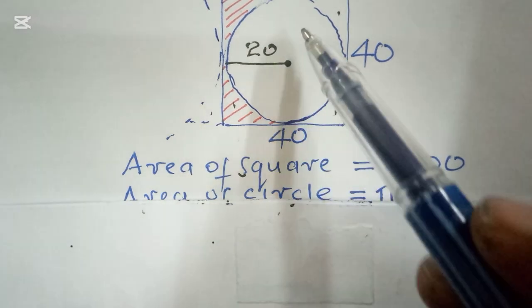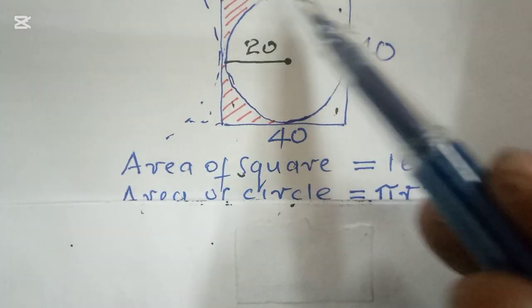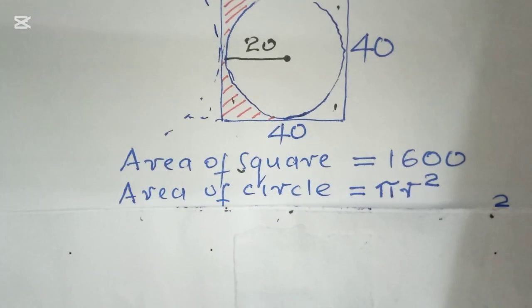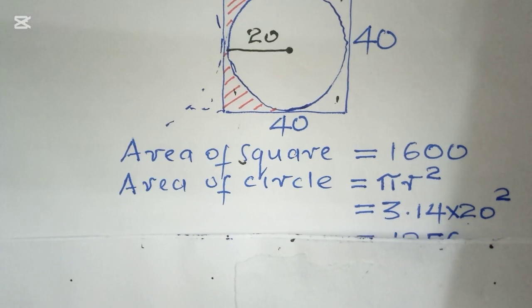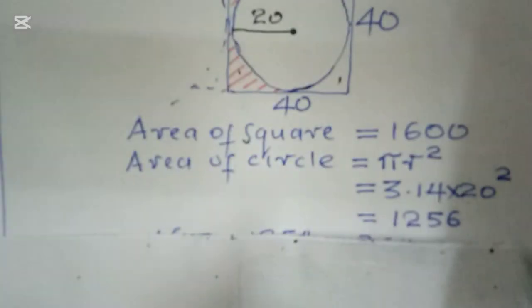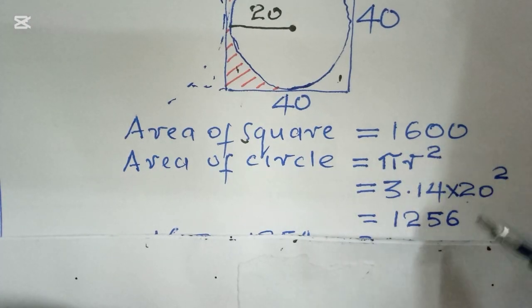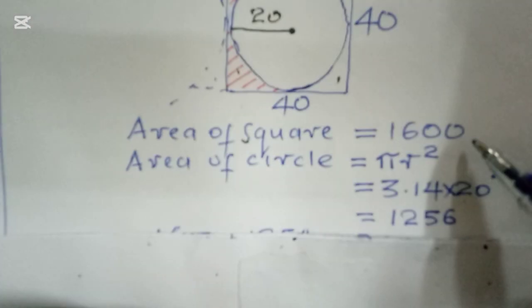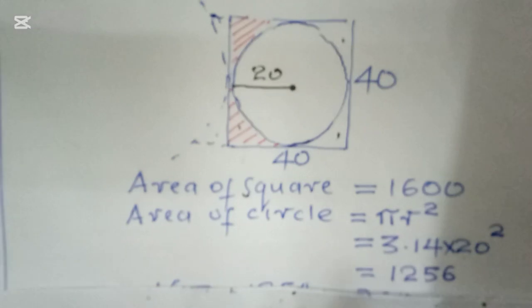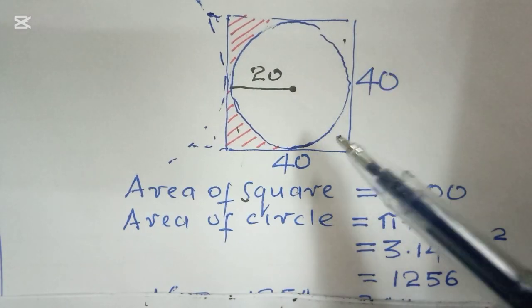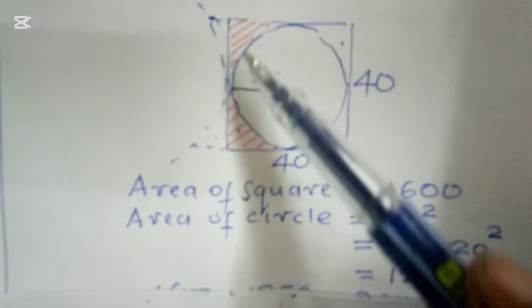And then after that, we find the area of the circle, and the area of a circle is given by pi r squared, and that comes to 1256. So guys, now we take away 1256 from 1600. When we do that, we are going to be left with that, and that, and that.